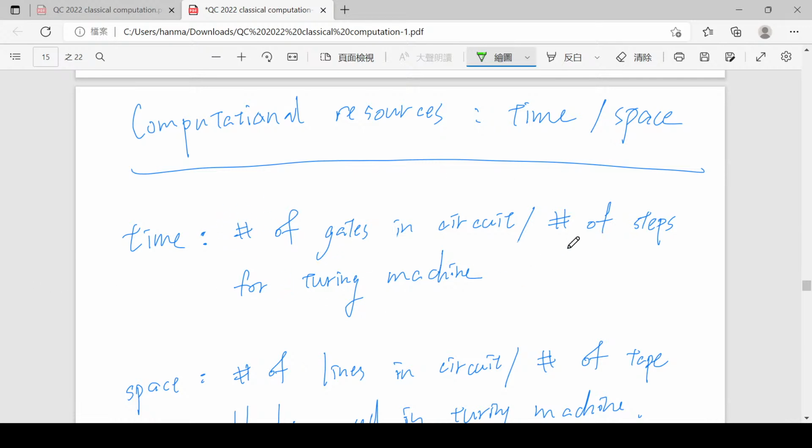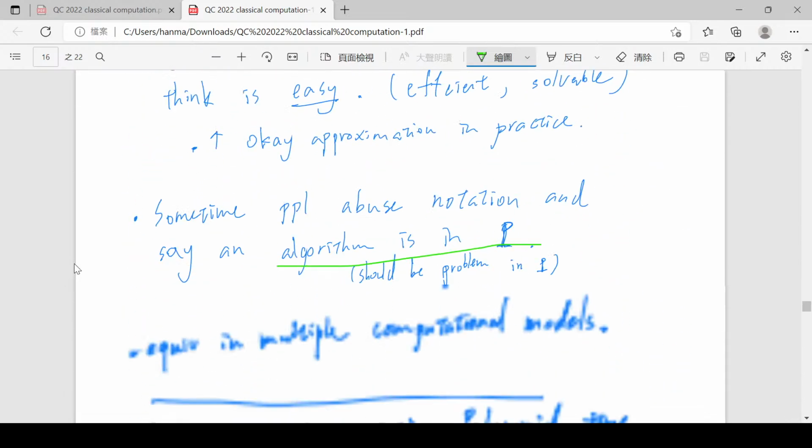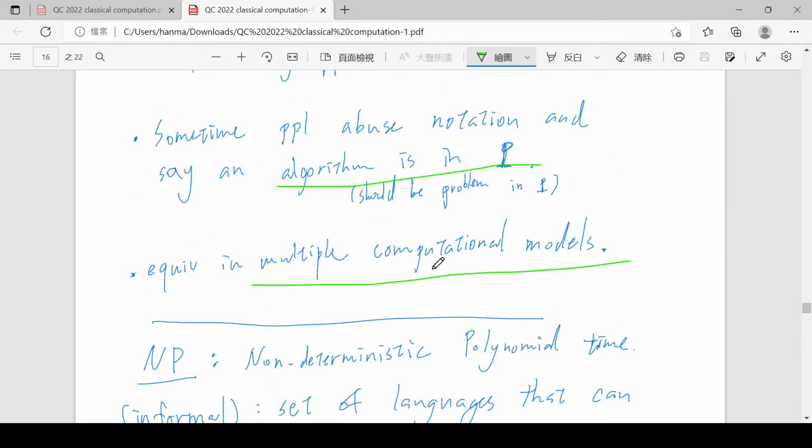So P here is equal to P there, and that's a very good definition. It doesn't care about what computational model you use. We just gave two examples here, but people have tried different reasonable models, and they all convert to each other with polynomial overhead, so P is robust against all those different definitions of reasonable models.